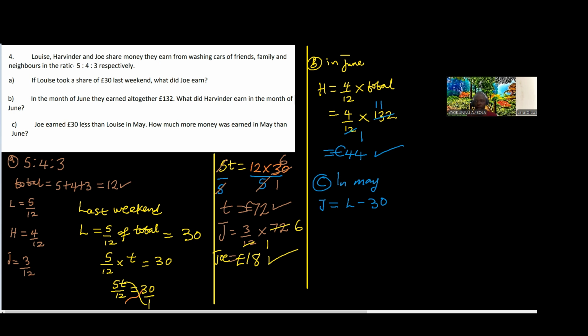We know the difference between Joe's share and Louise's share. Joe is supposed to be 3 over 12 times the total, Louise is 5 over 12 times the total, and Harpinder is 4 over 12 times the total.